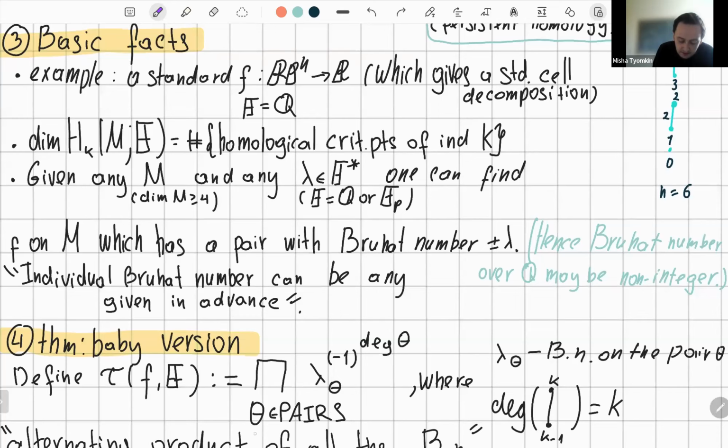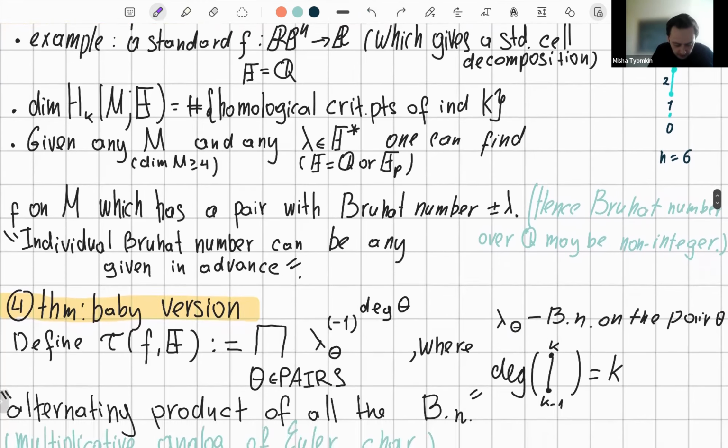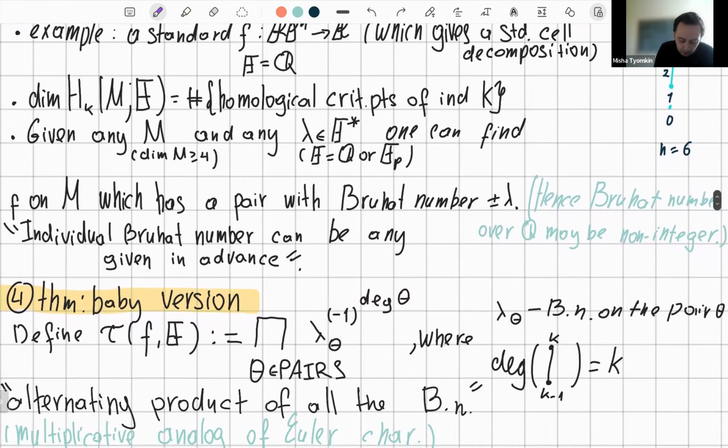Here theta is a pair, lambda theta is the Bruhat number of the pair theta, and the degree of the pair is defined by this formula. So it is the index of the upper critical point. I take the product of all the Bruhat numbers, but some of them have to be raised to the power minus 1 depending on parity. That's why we call it the alternating product of all the Bruhat numbers.